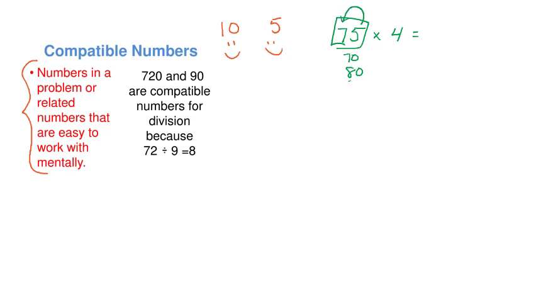So we know that 8 times 4 is 32, and we need the 0 because there's a 0 in the question. And so when we brought the 75 to a number that had a 0 in it, it became much easier to work with. So you would never round your 75 to a 76 and try and multiply that, because that doesn't make your question any easier, right?